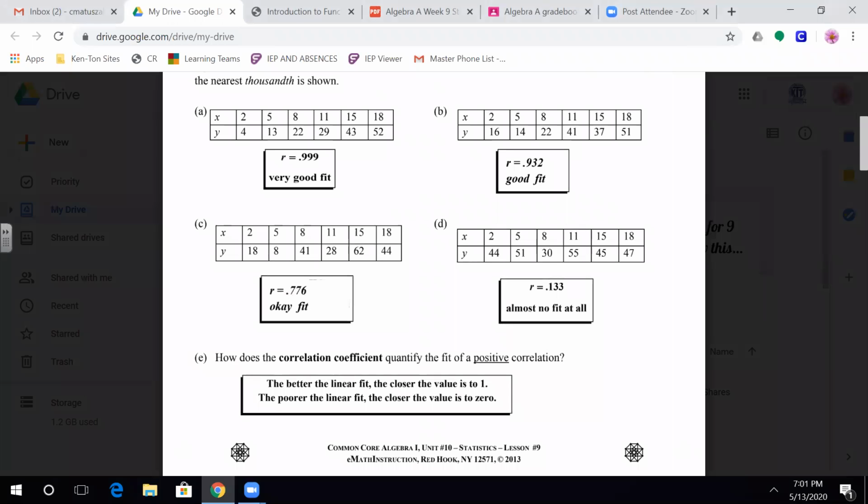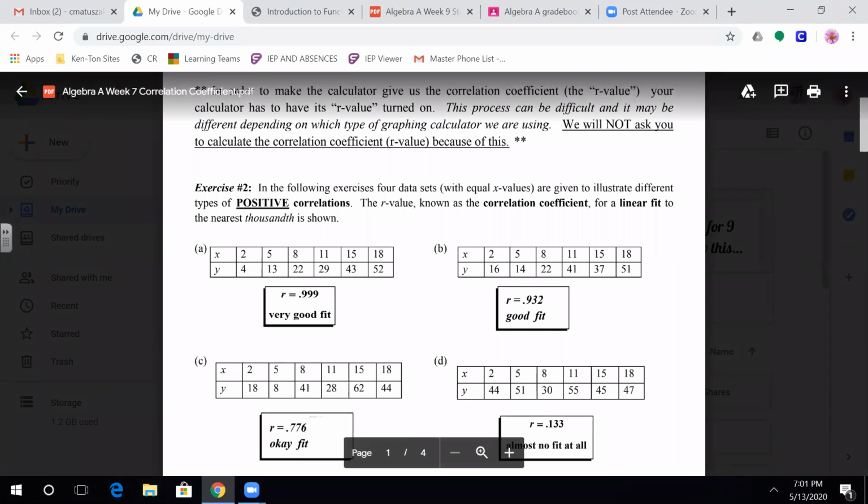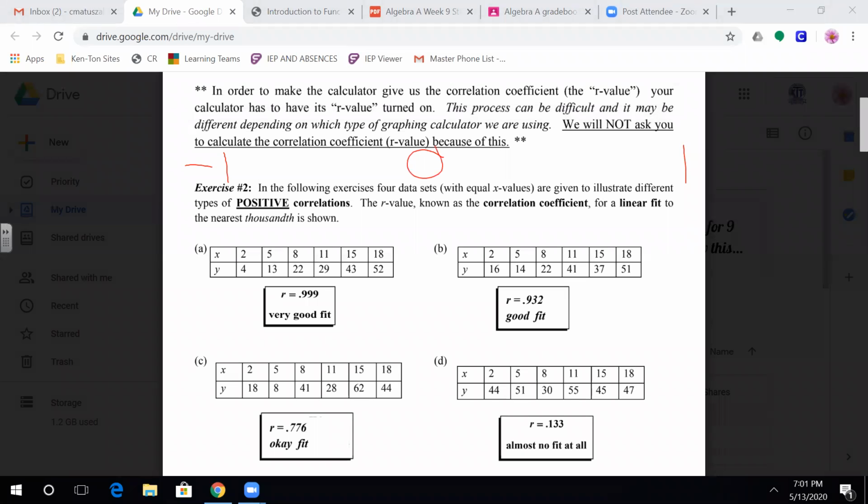And this 0.133, again, it does help to draw the -1, 0, and 1. 0.133 is going to be right here. It is very close to 0, which is no correlation. So right here is a weak positive correlation.